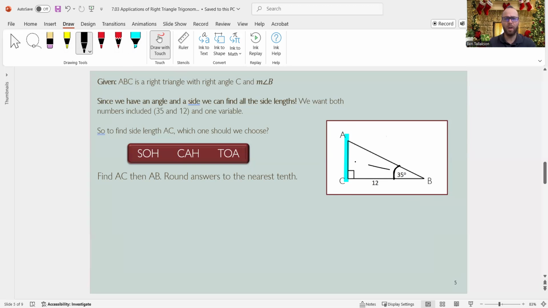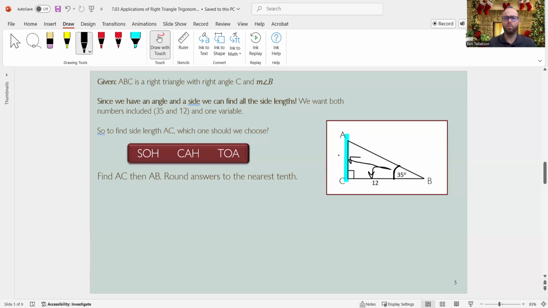So opposite over hypotenuse, there's two unknowns. We don't want two unknowns, we just want one. Adjacent over hypotenuse. That's all good, but we're not involving this side at all in that problem solving. So it looks like it's going to be TOA, opposite over adjacent.